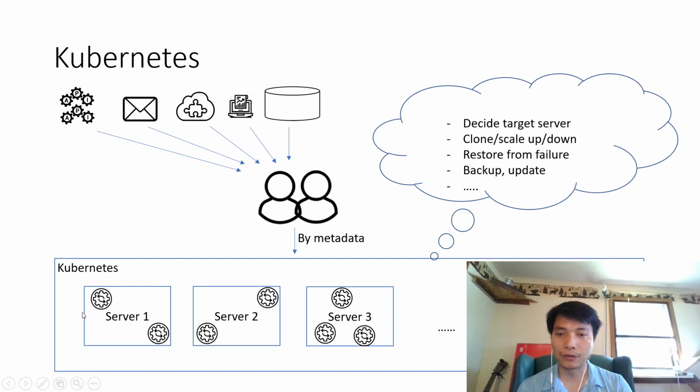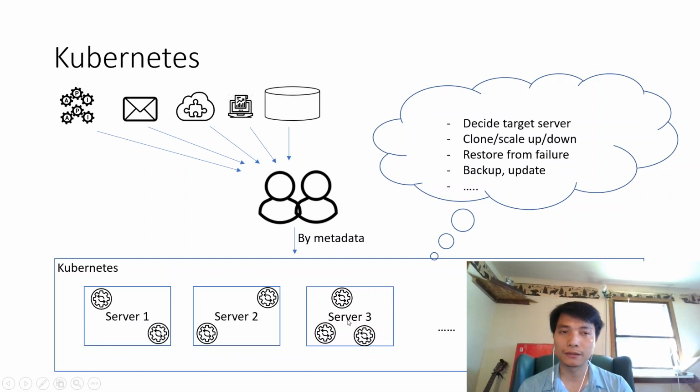Kubernetes will own the servers and work under Kubernetes as a single system. So therefore we see this as a single system, not multiple servers. And deciding which application unit goes on which server, Kubernetes does it.